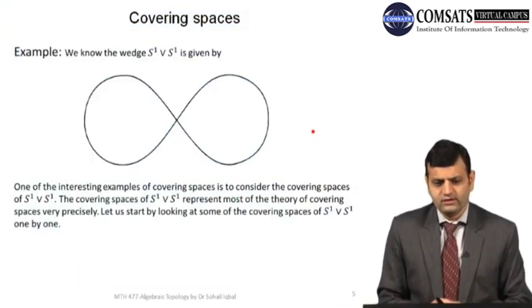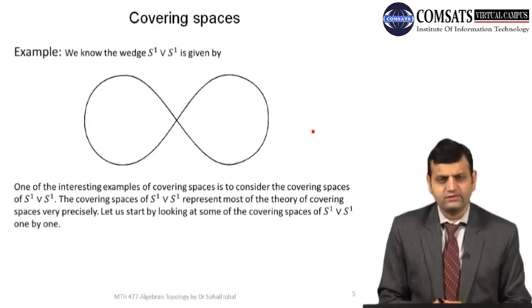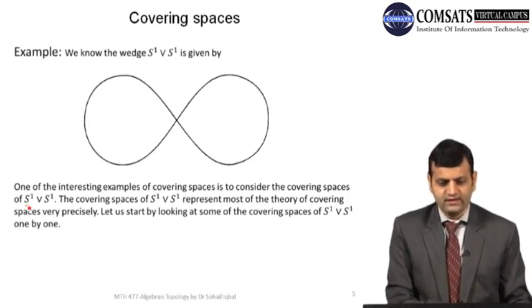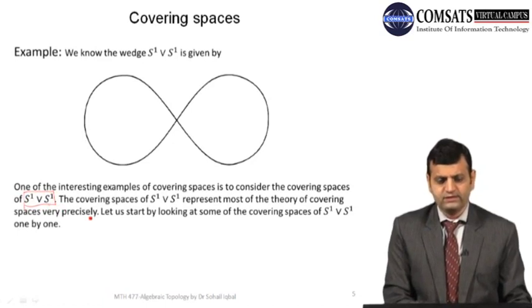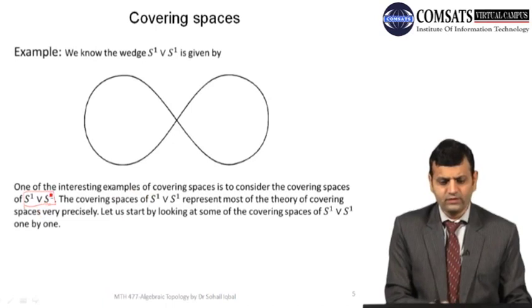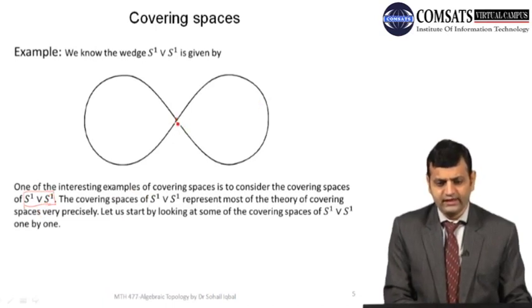So let us begin by considering a very interesting example of covering spaces. This is S1 wedge S1. What is this space? We studied this when we discussed the wedge sum. Basically, take two circles with one point on each circle labeled, let's call them x0 and x1.